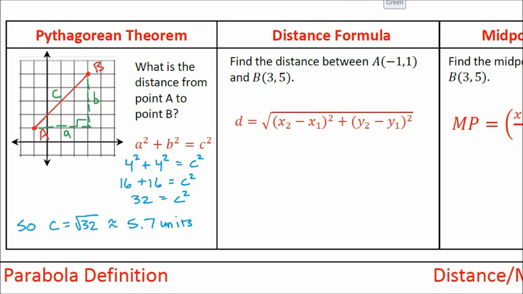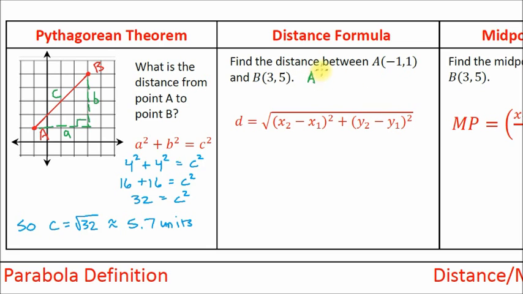Let's take a look now at the distance formula. The distance formula will accomplish the same thing, only we can do it without a graph. So what's the distance between A, which is at -1, 1, and B, which is 3, 5? Well, for the distance formula, which is this equation right here, we're going to have to know the values of x sub 2, x sub 1, y sub 2, y sub 1, and we find those by looking at our points.